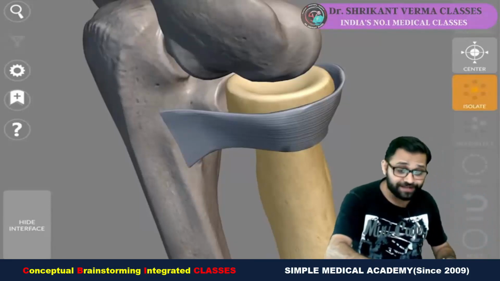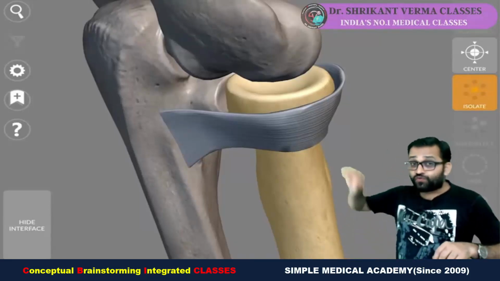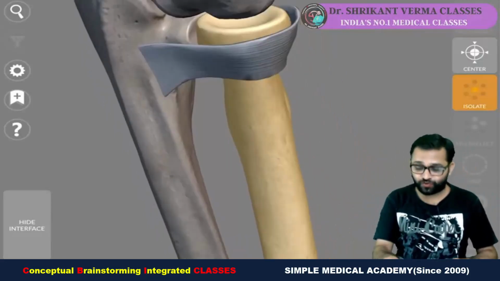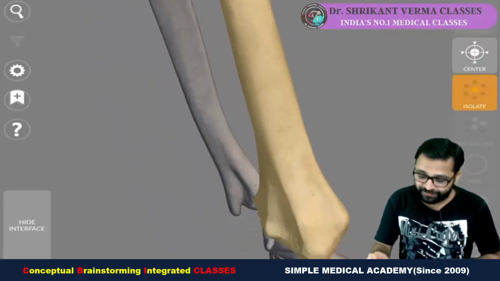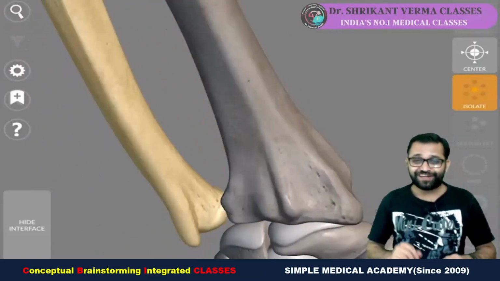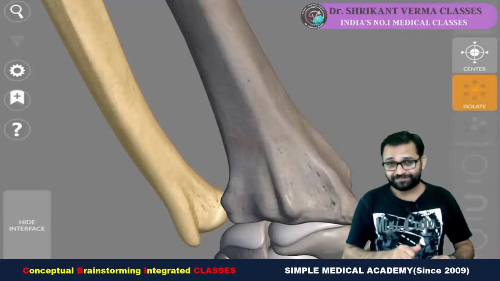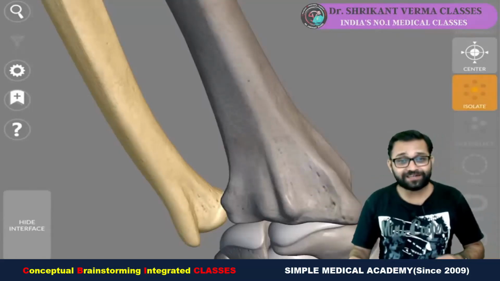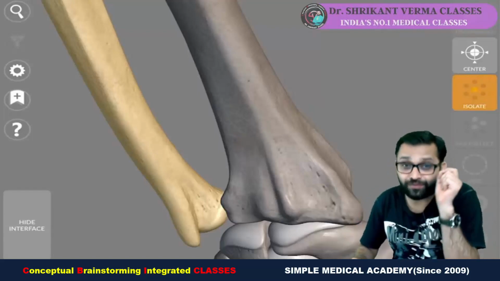So what is happening? Try to understand. Within this ligament, the head of the radius is rotating, and here the head of the ulna is rotating, and whenever there is rotatory movement, yes, there is a synovial filled cavity. This is an example of the pivot variety.